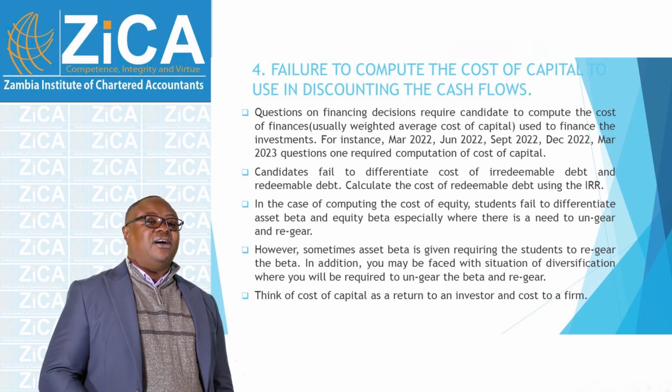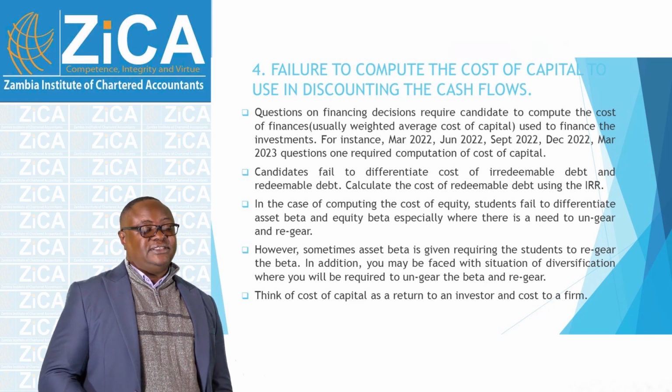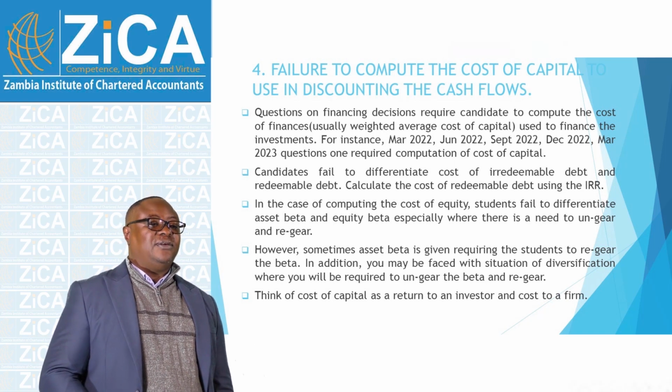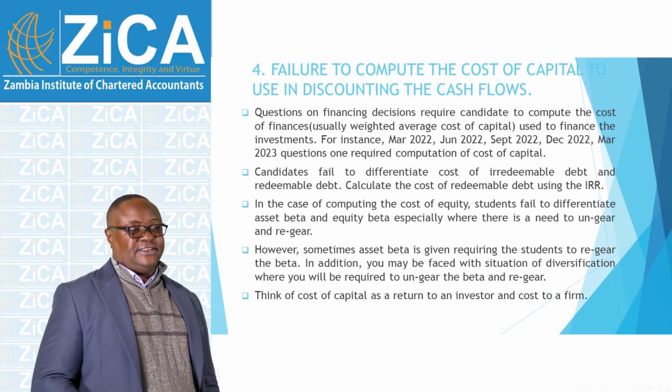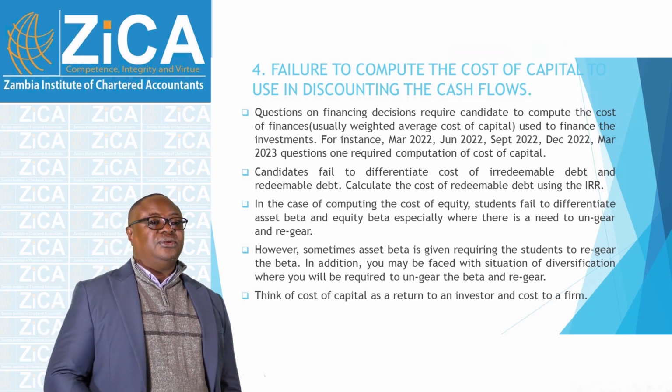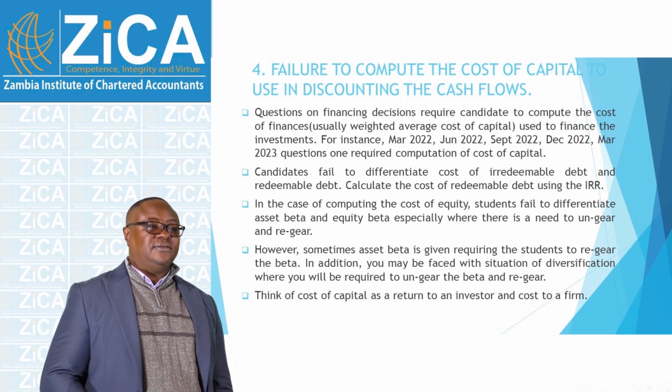So now, how do you compute or how do you estimate the cost of these finances? So for debt, for instance, if you are looking at the cost of redeemable debt, you will use the internal rate of return to do your estimation of the cost of debt.